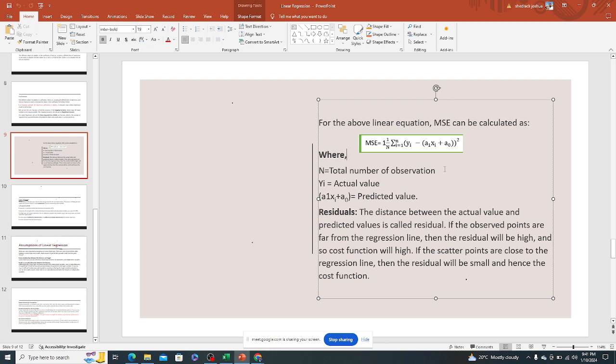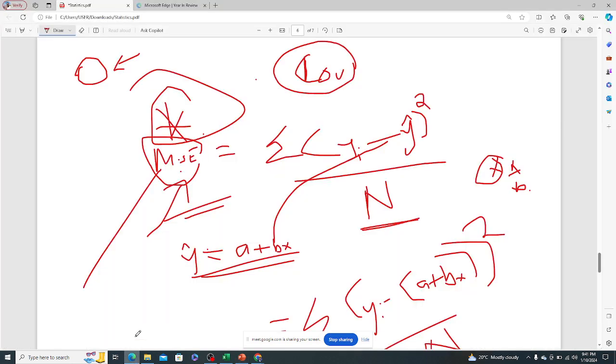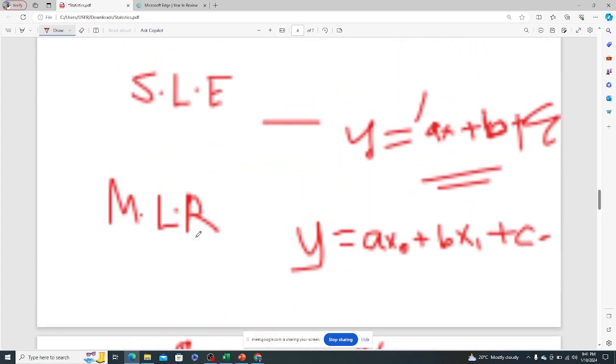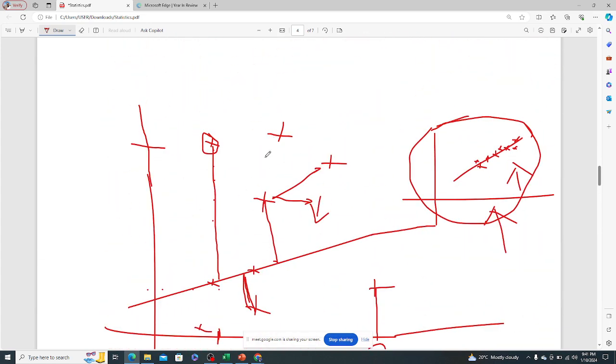So n is the total number of observations, yi is the actual values, and this one will be our predicted value. Then the residual is the distance between the actual and the predicted value. If the observed points are far from the regression line, then the residual will be large, as I illustrated in the example where I showed values far away from the regression line and values close to it.